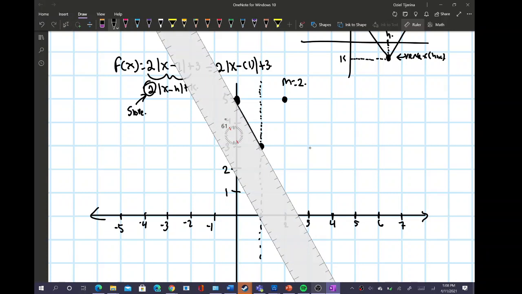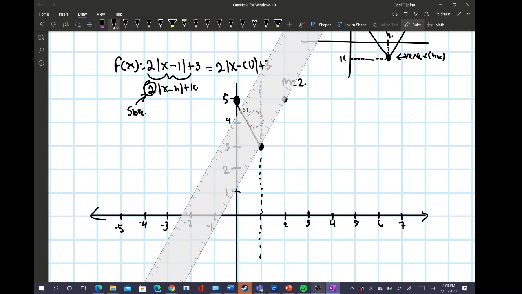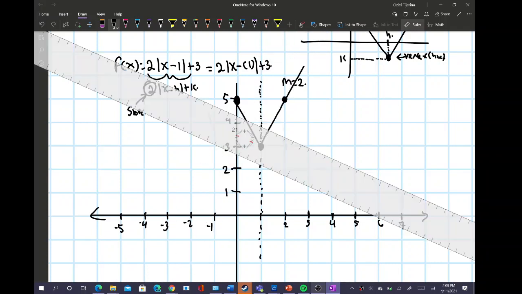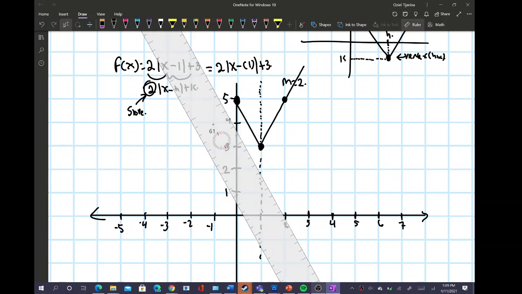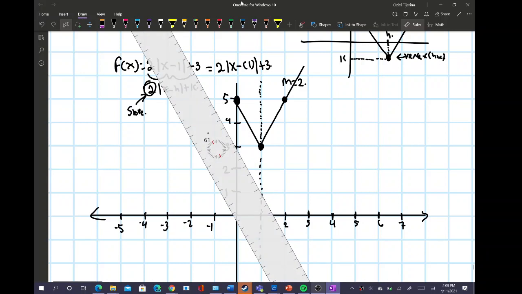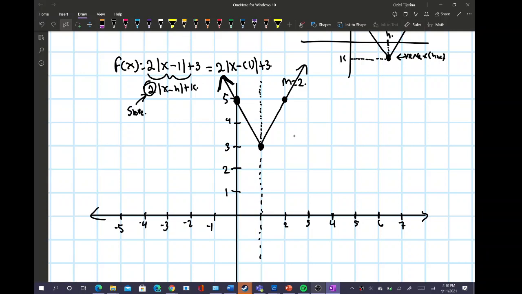So right here, like this, and then like this, and make sure you go all the way up. Okay, so this is how you would graph it, and then you would just say that this is the function, how it's graphed.